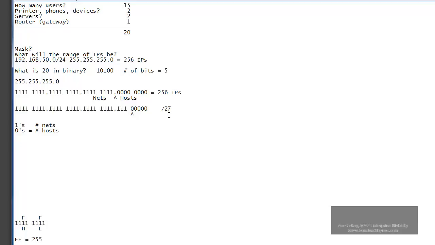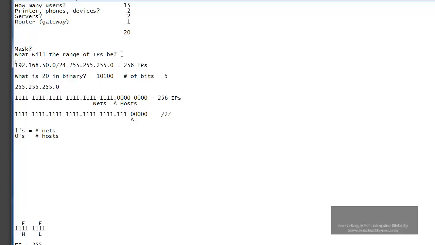All right, so I know that a full version 4 IP address here is 32 bits. So I can just say to myself real quick, 32 minus 27 is 5. So there's 5 bits for the host. So I know right away that it's going to be a smaller network. How small is the network? That's a good question, because remember, we want to see the mask. What will the range of IPs be?